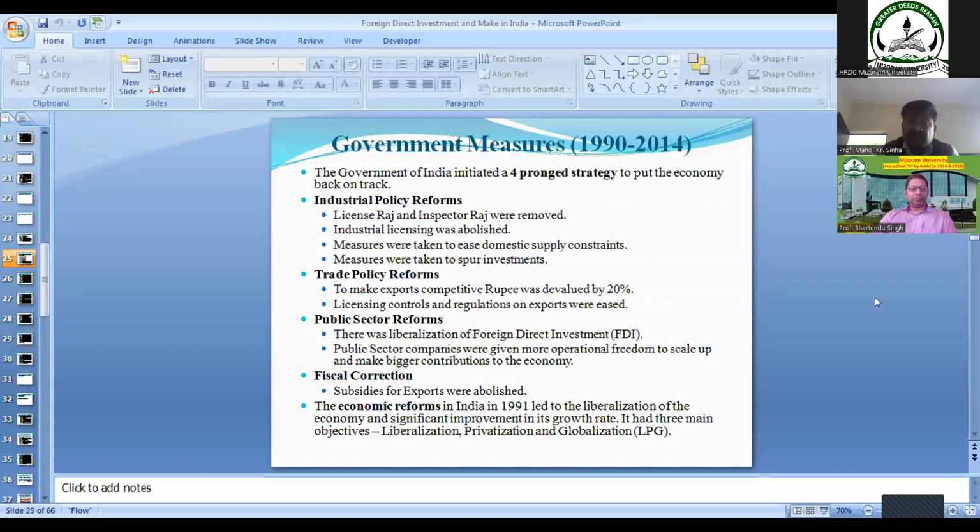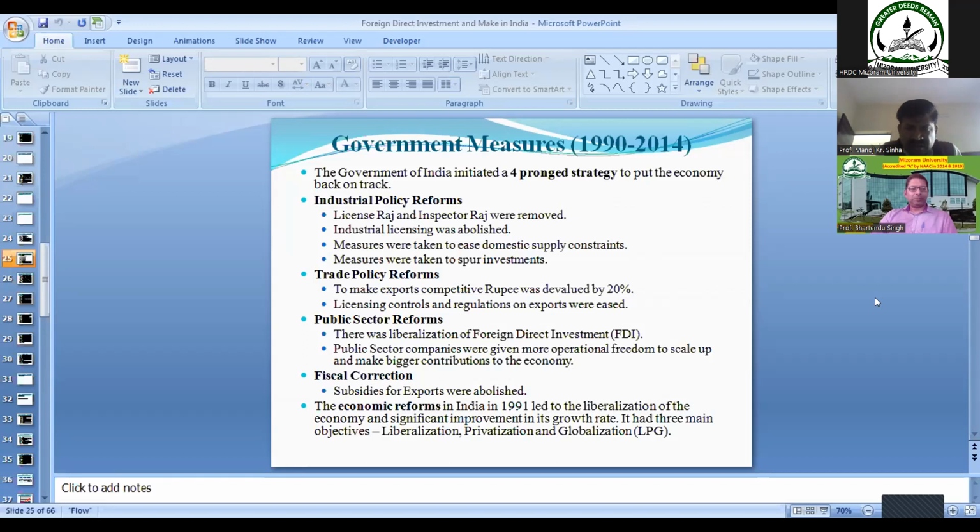Trade policy reform: the government of India devalued the Indian currency by 20%, and due to this, Indian exports became cheaper and the level of exports increased. Licensing control and regulation on exports were also eased.